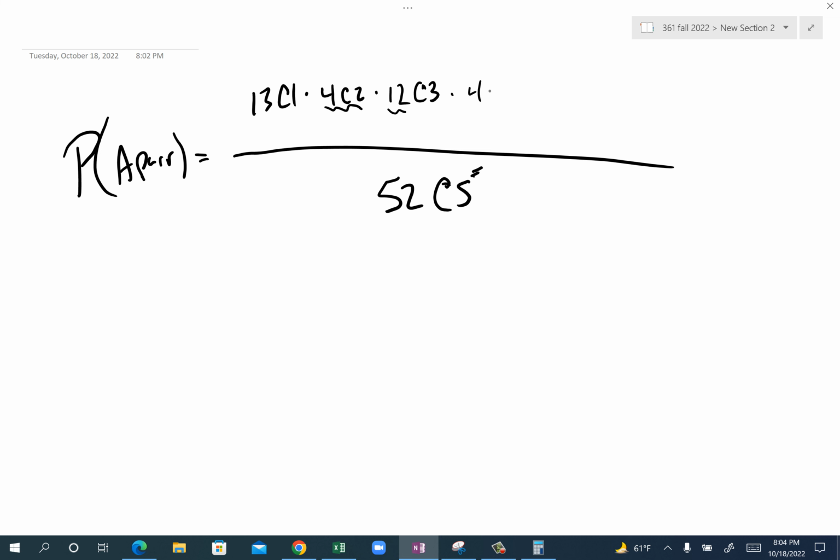And then this one, 4 choose 1 times 4 choose 1 times 4 choose 1. Now, why is that? Because there's 4 suits. Okay. And so for each of these 3 cards, they could have been in any of the suits. So for instance, let's say one of the cards you chose was a 7. Well, that 7 could have been a 7 of clubs, 7 of diamonds, or a 7 of hearts. Hence, the 4 choose 1, this guy right here.